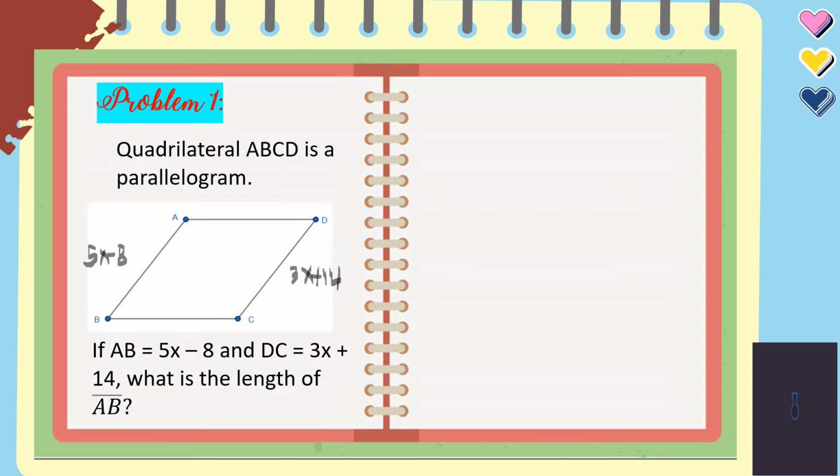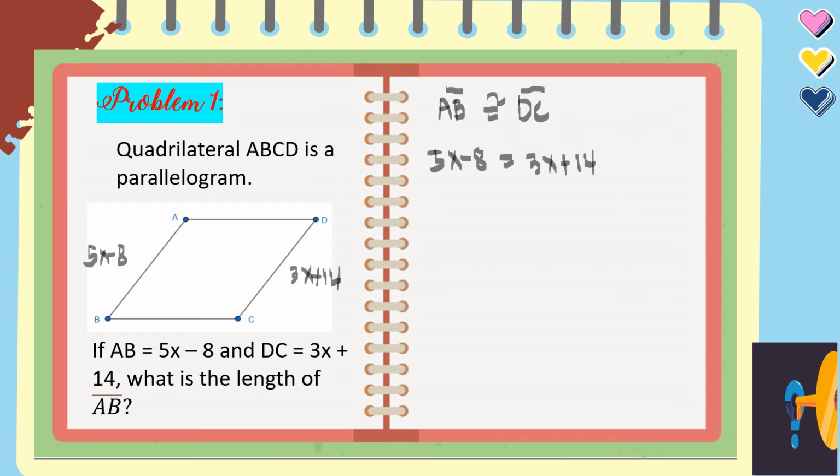By the property of a parallelogram, opposite sides of a parallelogram are congruent. Since sides AB and DC are opposite sides, we can say that side AB is congruent to side DC. Therefore, the measure of side AB, which is 5x minus 8, is equal to 3x plus 14.